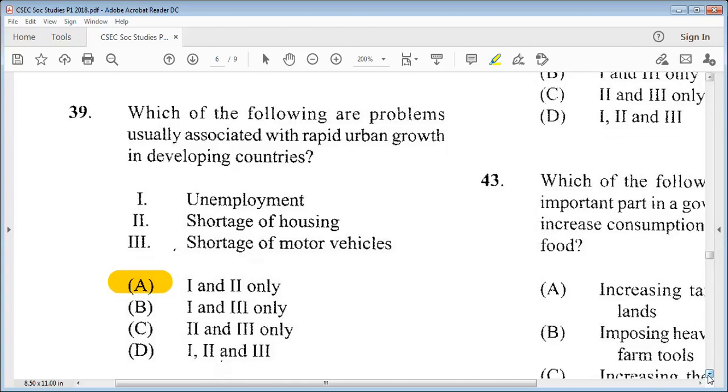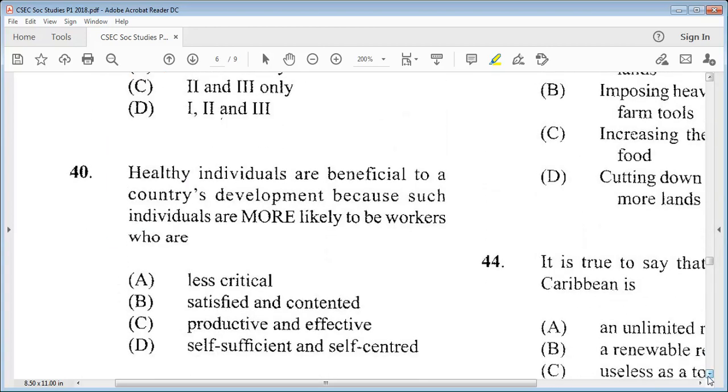Let's go on to question 40. Healthy individuals are beneficial to a country's development because such individuals are more likely to be workers who are A, less critical, B, satisfied and contented, C, productive and effective, D, self-sufficient and self-centered.